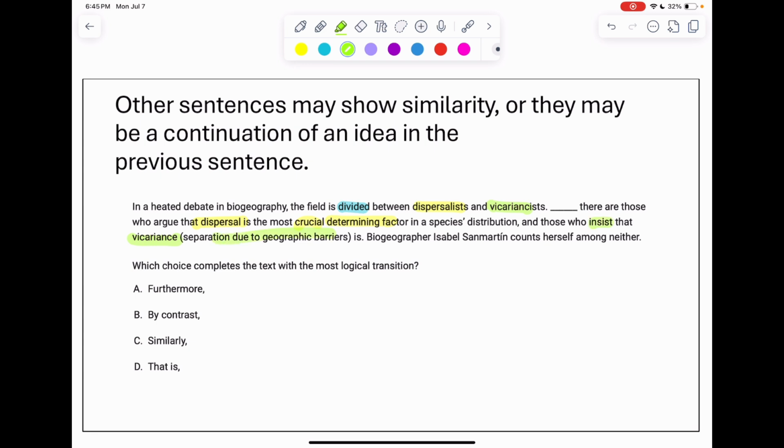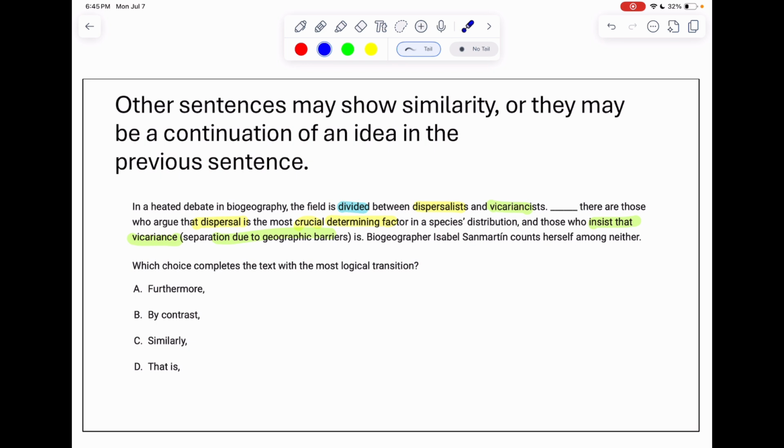So again, what we're noticing is it's not like before we had one color on one side and a different color on the other side. Here we're saying, I was talking about these two things, and then I go on to talk about those two things and just further describe their contrast that we set up here. So what I'm talking about second, after the blank, is just more specifics about what happened before.